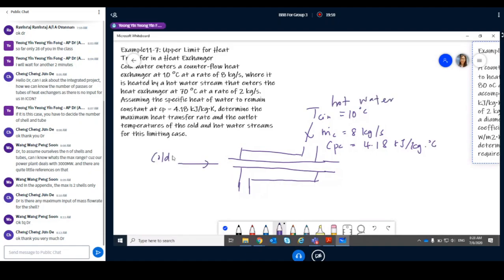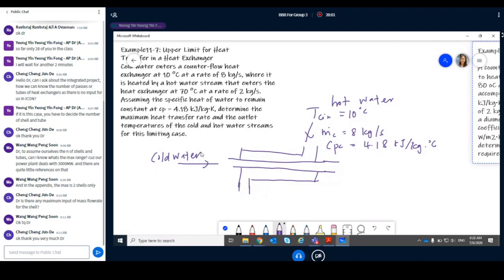Sorry, this one is cold water, because TC, and then this one is hot water. Then you have TH in equals 70 degrees C, MH and CPH. They have the same CP value because it is water.